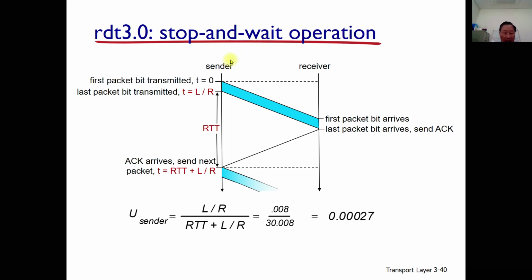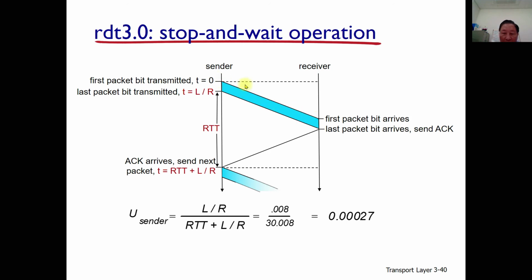First, the sender is sending the packet. The first packet is transmitted here, and after a certain amount of time that transmission will be completed. It will take this time, L over R, where R is the transmission rate.